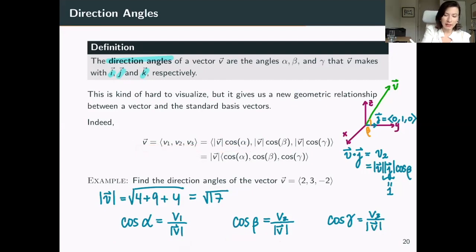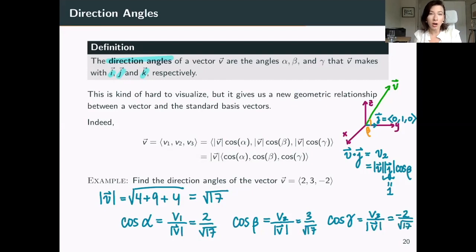Then we can plug in the information about this vector, noting that we have 2 over the square root of 17, 3 over the square root of 17, and lastly, -2 over the square root of 17.